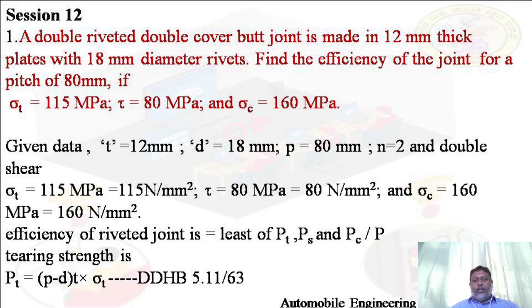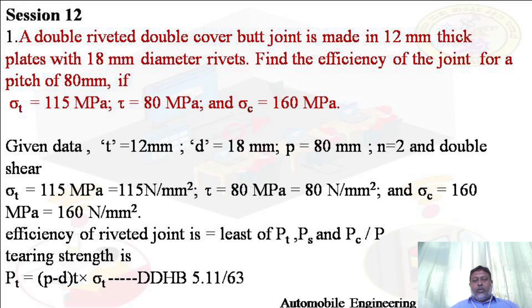Write down the data first, that is t is equal to 12 mm, d is equal to 18 mm, p is equal to 80 mm, and n number of rivets 2, double with double shear. Sigma t is 115 megapascal, that is 115 Newton per mm square, and shear stress 80 megapascal, 80 Newton per mm square.